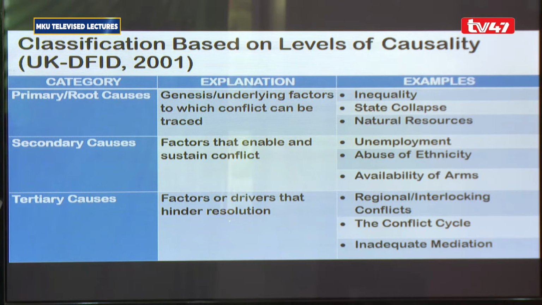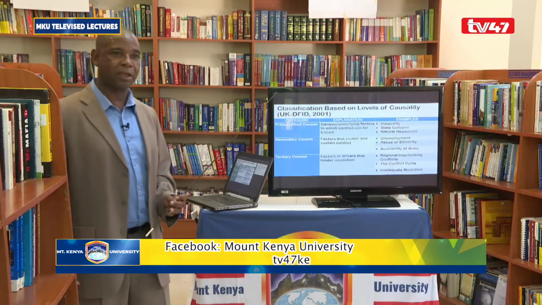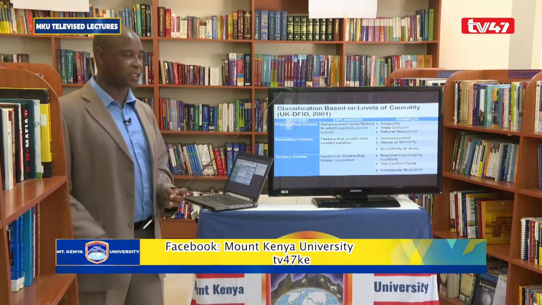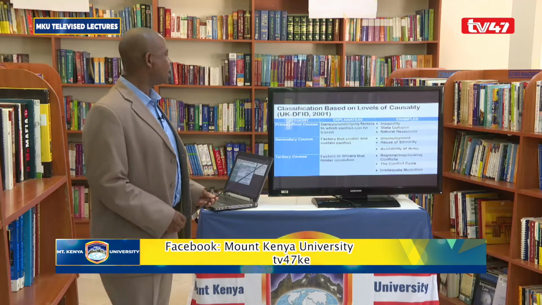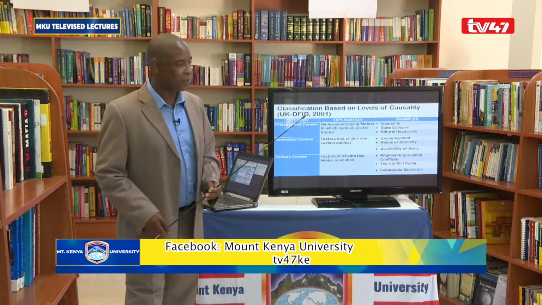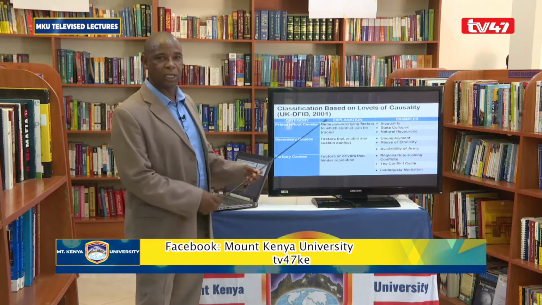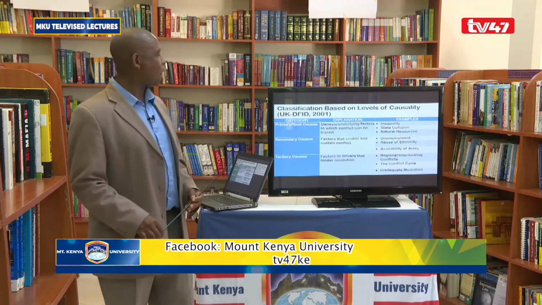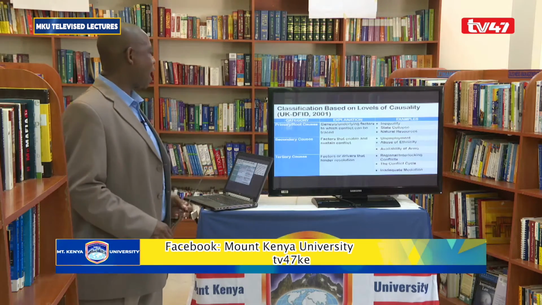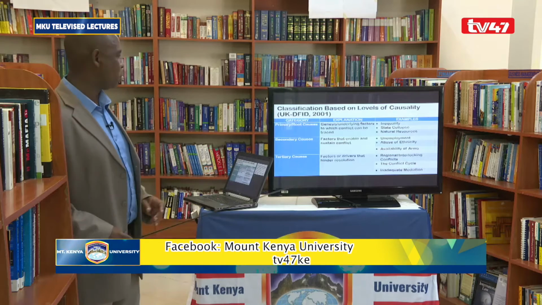Secondary causes are those causes that enable and sustain a conflict. They are not necessarily underlying, but when a conflict arises, these factors will sustain that conflict. Examples of those are unemployment, abuse of ethnicity, and availability of arms. And again, we'll be reviewing that.